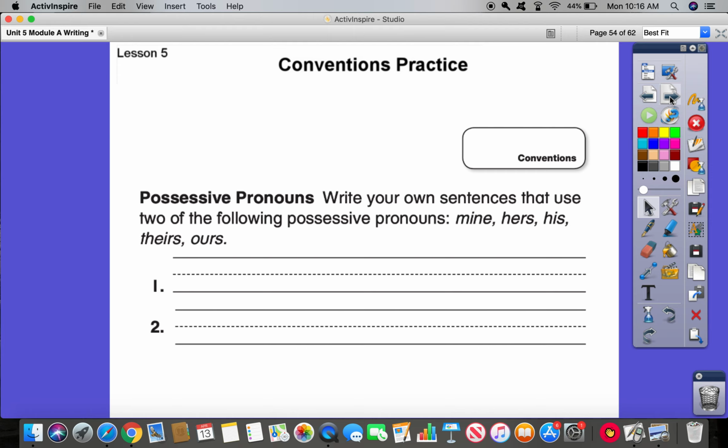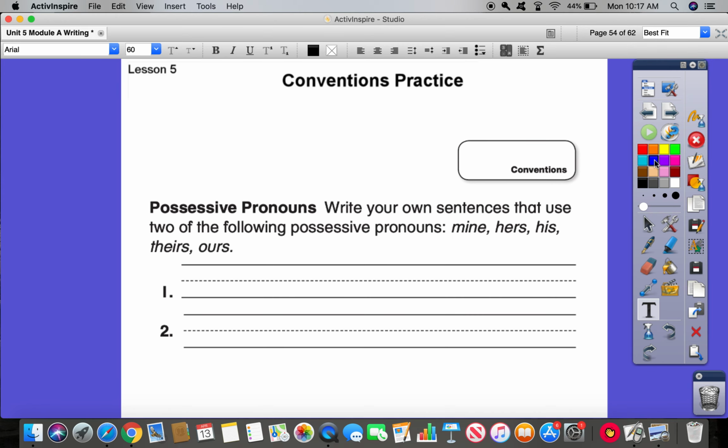So now in your writing journal, under lesson 5, you're going to write your own sentences that use 2 of the following possessive pronouns: mine, hers, his, theirs, or ours. So to just give you an example, I might write, that book on the table is mine.